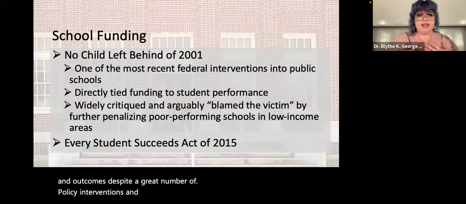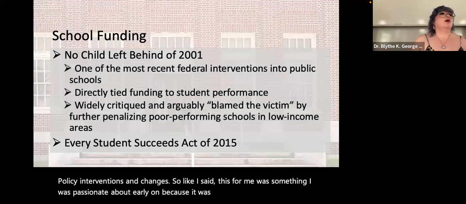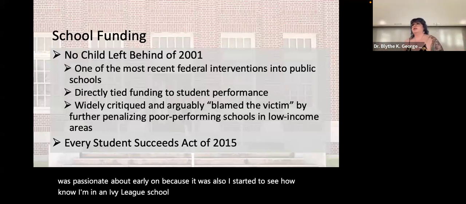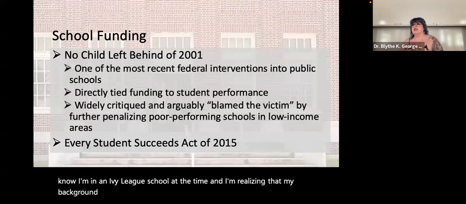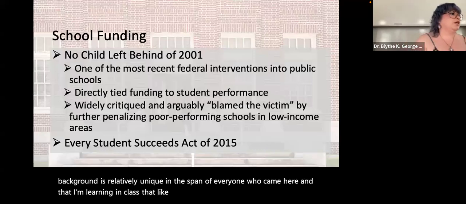So like I said, this was something I was passionate about early on, because I was at an Ivy League school at the time, and I'm realizing that my background is relatively unique among everyone who came here, and that I'm learning in class that, statistically, I shouldn't be here.